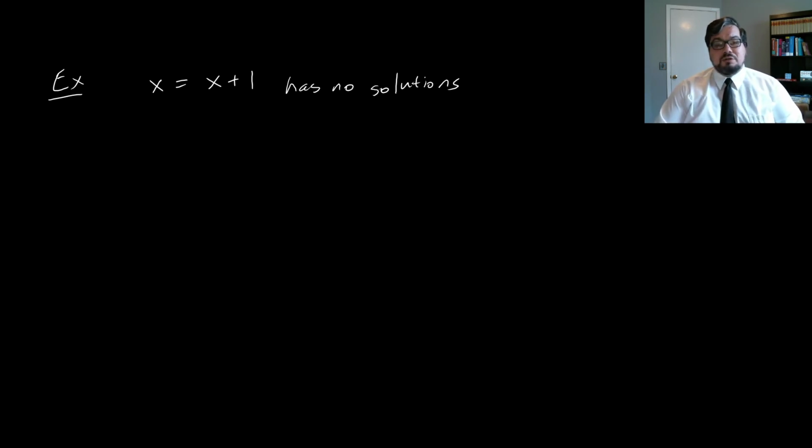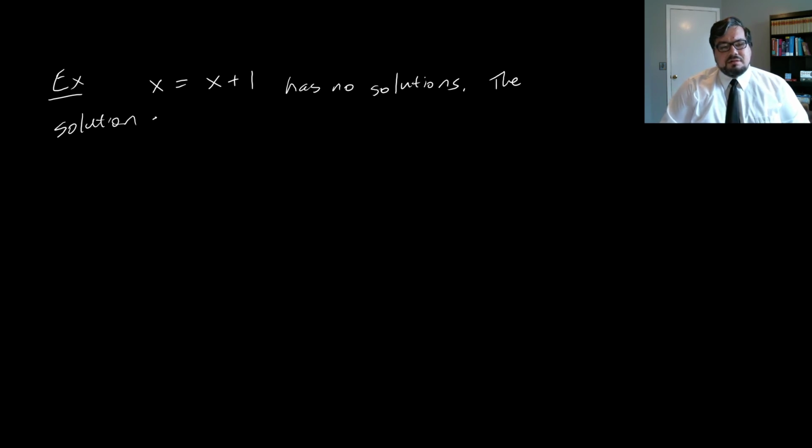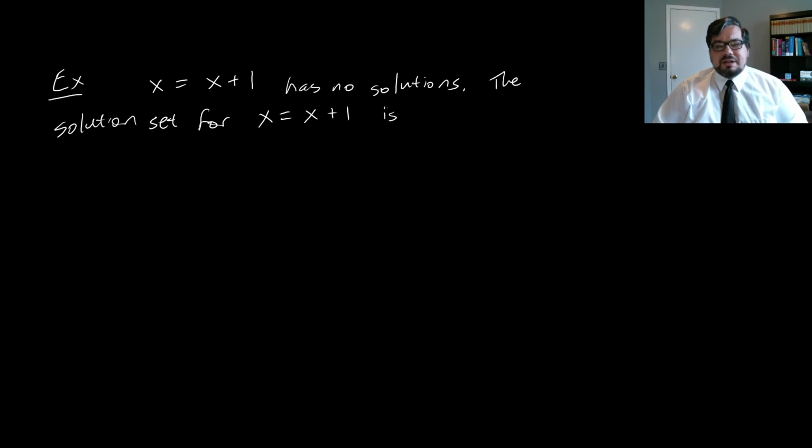No number could be plugged into x in this equation and get a true statement out of it, get a true equation out of it. Therefore, we say the solution set for x equals x plus 1 is, well, there are a few ways that we can write this down.